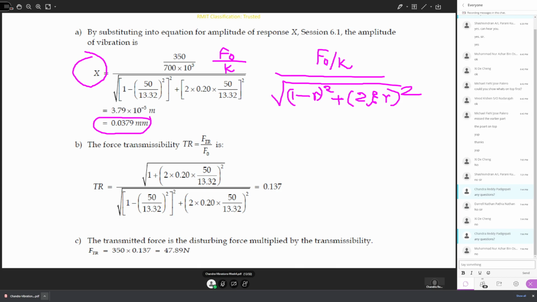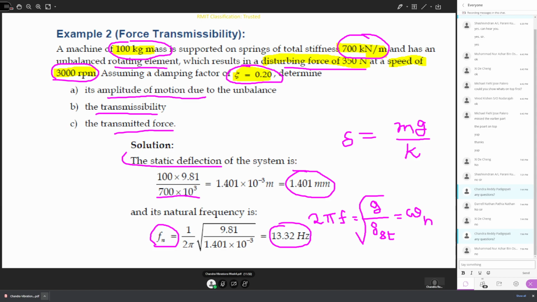Okay, so now this 3000 rotations per minute is given as the rotational speed of the unbalanced mass. So you convert this omega to rotations per second.